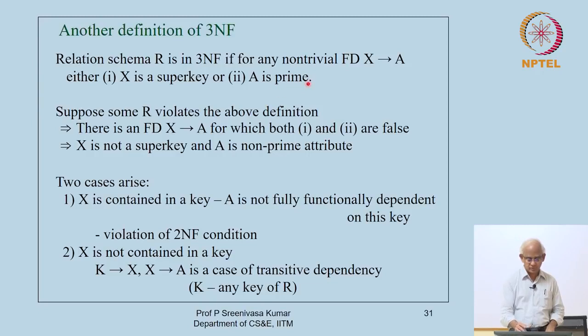We will simply remove this, and that will give the Boyce-Codd normal form. A relation scheme R is said to be in Boyce-Codd normal form if for every non-trivial functional dependency x determines A, x is a super key. So, now we will look at Boyce-Codd normal form.